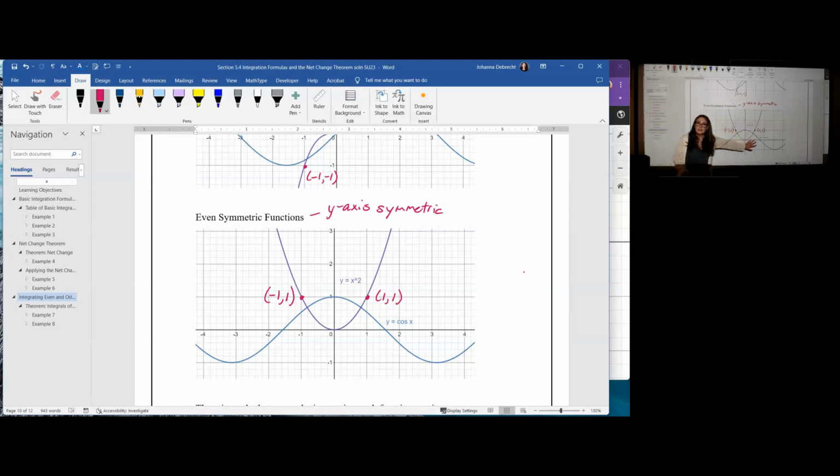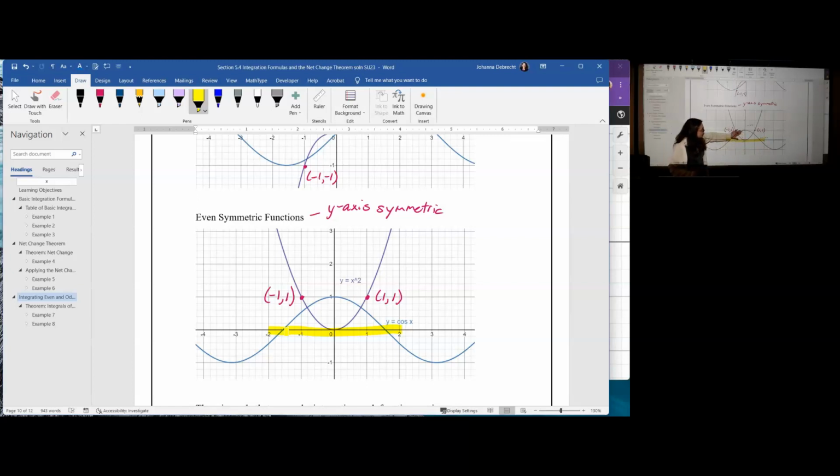What we want to think about is what would happen if we were to integrate one of these functions across a symmetric interval containing the origin. For example, let's think about trying to integrate this function over the section from -2 to 2. If I want to integrate over the closed interval from -2 to 2, notice what happens.